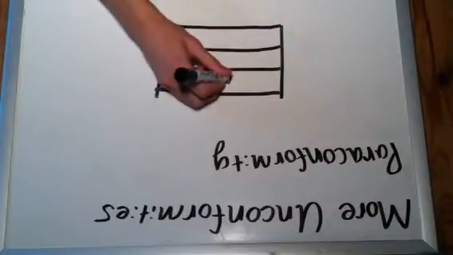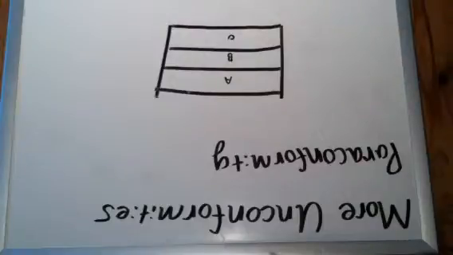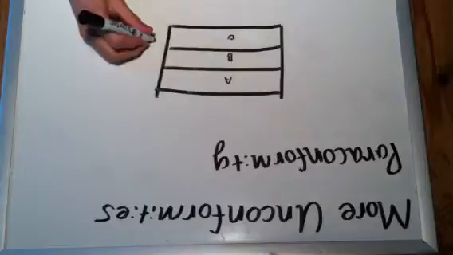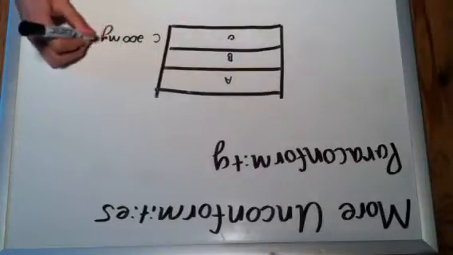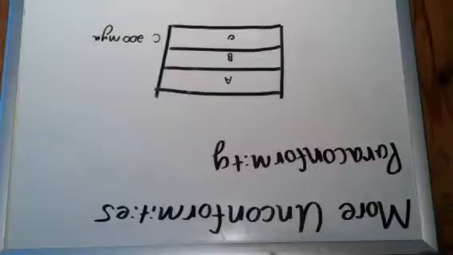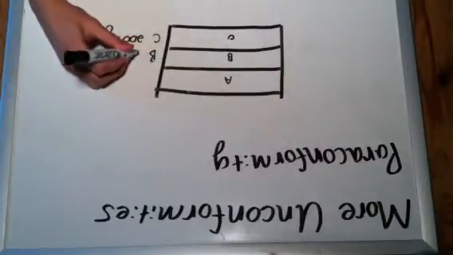So let's just say we've got layers A, B, and C. And let's say layer C was from 200 million years ago. B was from 190 million years ago.